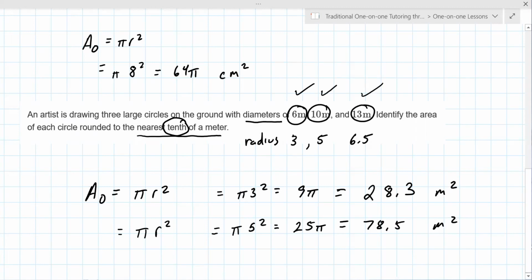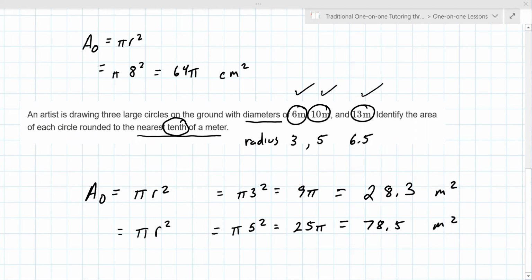See if you can do the last one completely correct, please. 20.4 meters squared. No. It's not a race, right? You've got to do this correctly. 132.7 meters squared. Perfect.